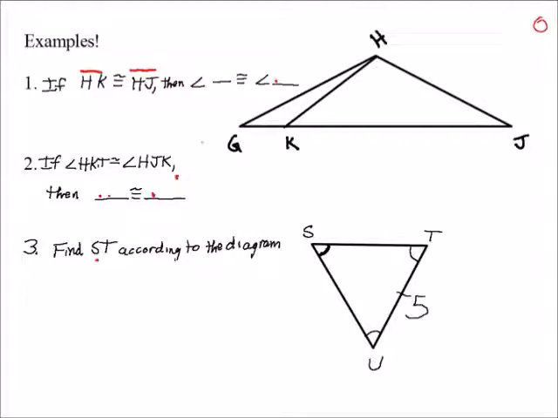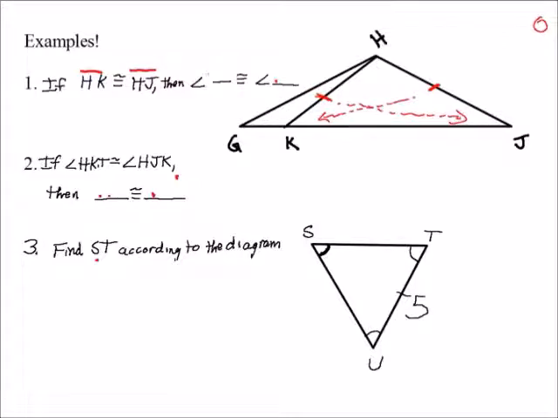Okay. So looking at our examples, if HK and HJ are congruent, so it's not in my picture, I'm going to put it in my picture. If that has one dash and this has one dash, then here's that angle, and here's that angle.